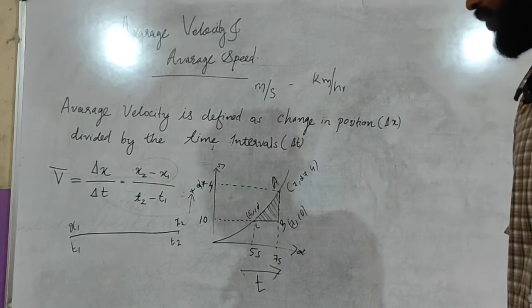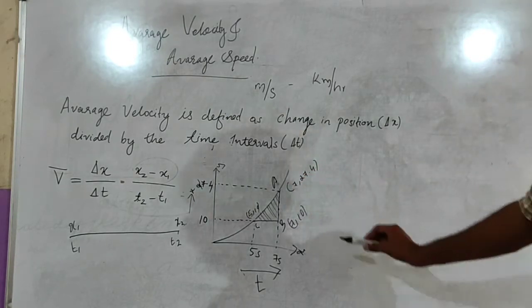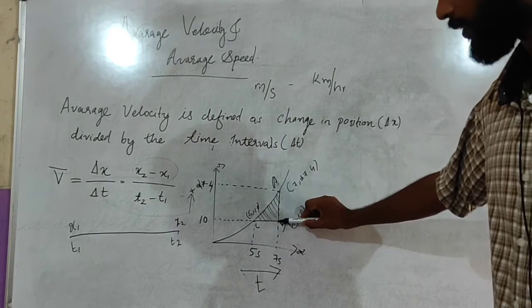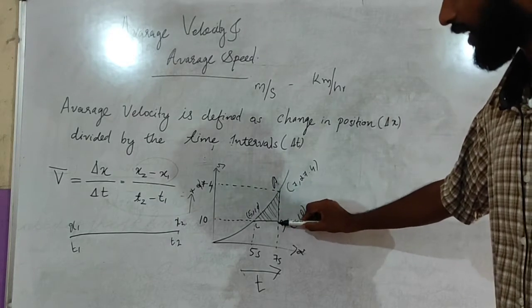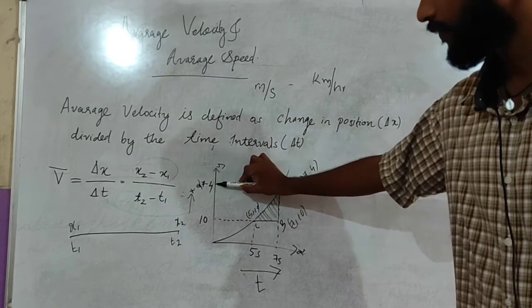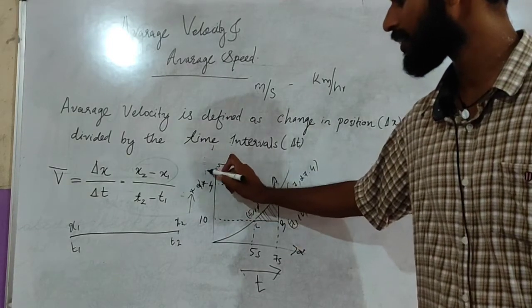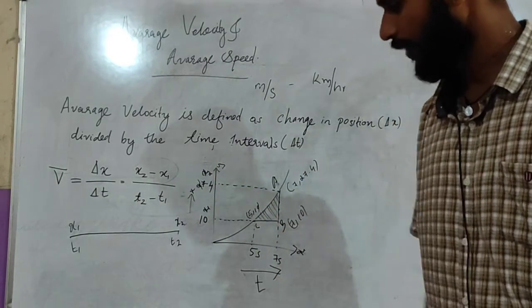Now let us come to how to find out the slope. Here x is a constant value, but you can see y is varying. So the distance AB will be the difference in the y coordinate value. This one is the x2 value and this is the x1 value.